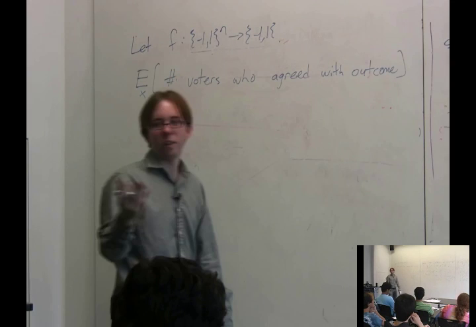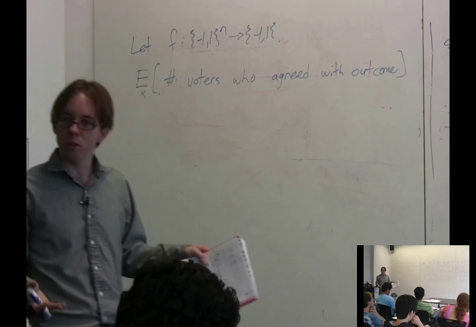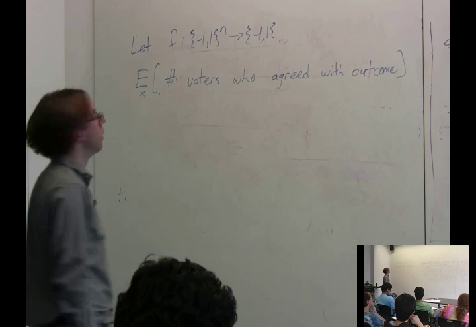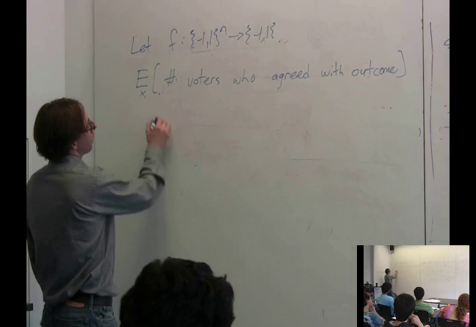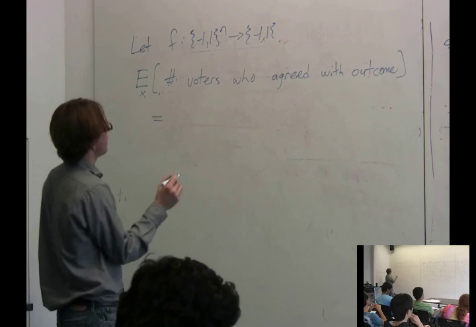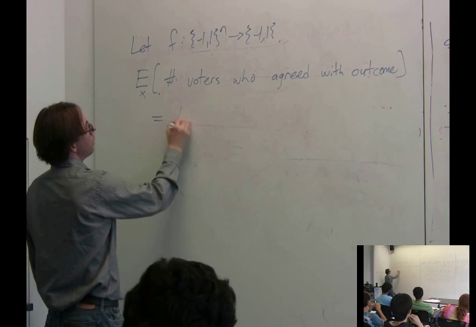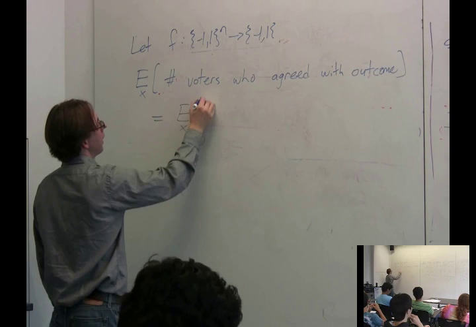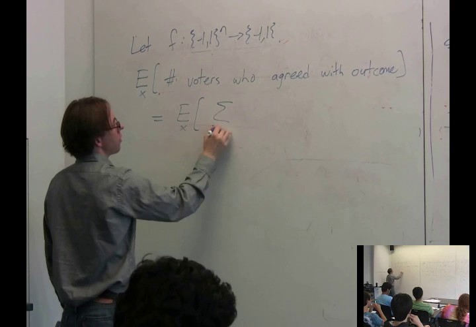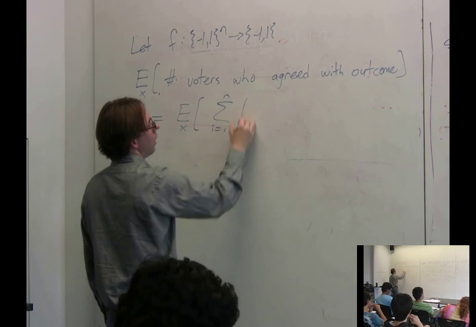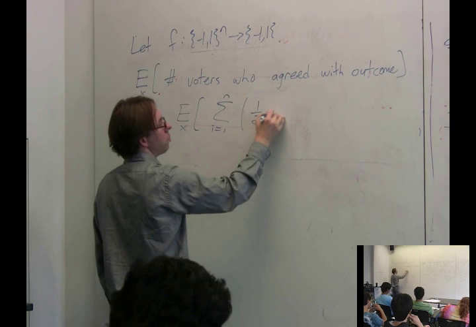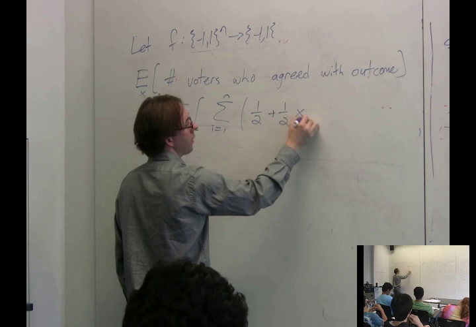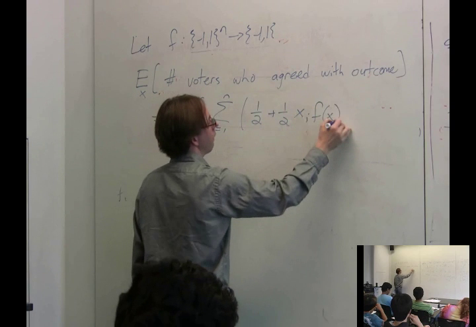There's a winner, let's say +1, and then you look at all the votes and ask, who voted for +1, and count that up. This is directly related to the sum of the degree 1 Fourier coefficients, because it's the expectation over x of the sum, i goes from 1 to n, of, let me write this, a half plus a half x_i times f of x.